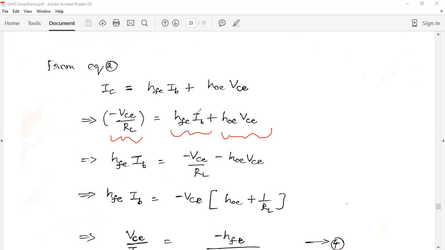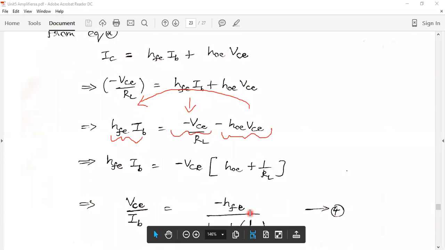I keep HFE IB here and take the other term to this side. Then HFE IB is equal to minus VCE by RL minus H0E VCE. That implies HFE IB is equal to minus VCE into H0E plus 1 by RL. This is the final term.